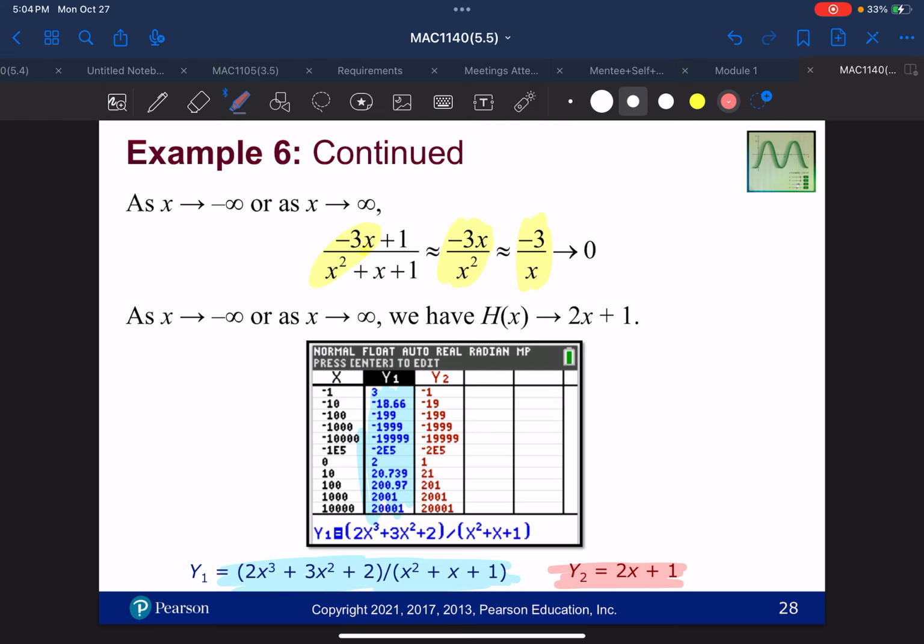So you can see that those values are getting extremely close to each other, if not equal, as x gets larger or smaller, going towards positive infinity and negative infinity. But you see that they're almost equal. So the end behavior of this entire graph is really that line 2x plus 1.